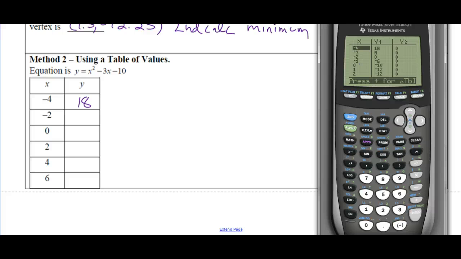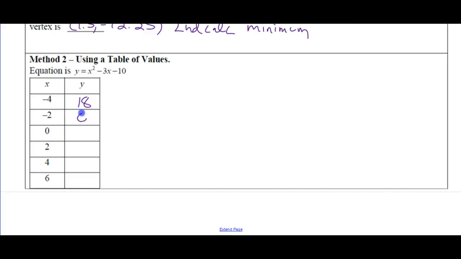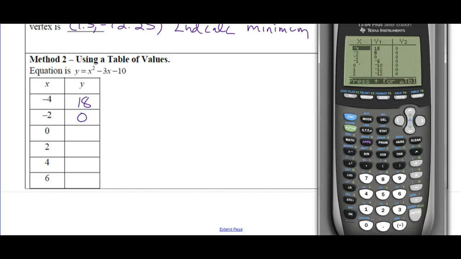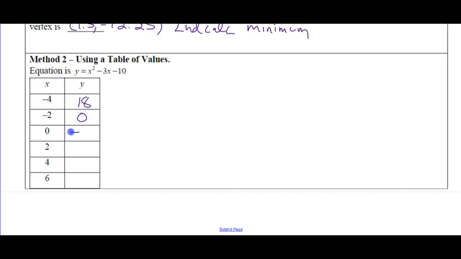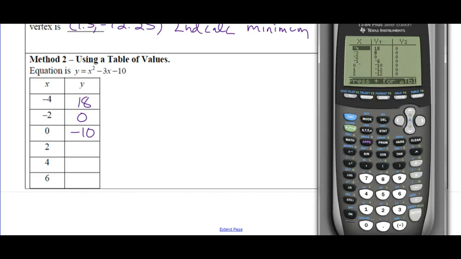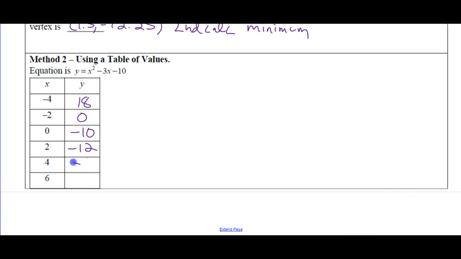Negative 2 for x is 0. 0 for x is negative 10. 2 for x is negative 12. I've got to move down, so I need 4 and 6. 4 for x is negative 6, and so negative 6 and positive 8.